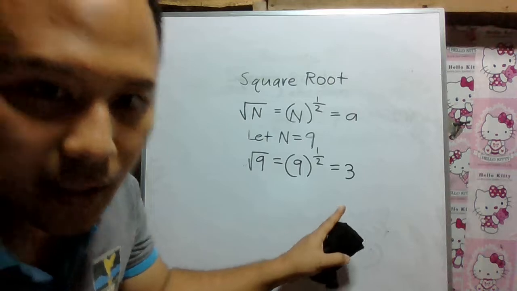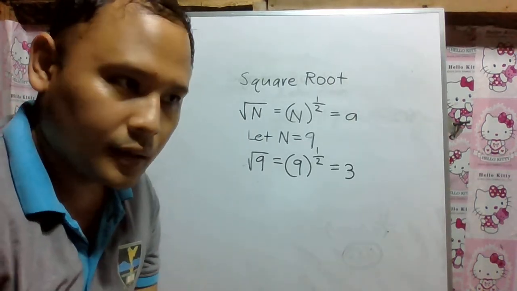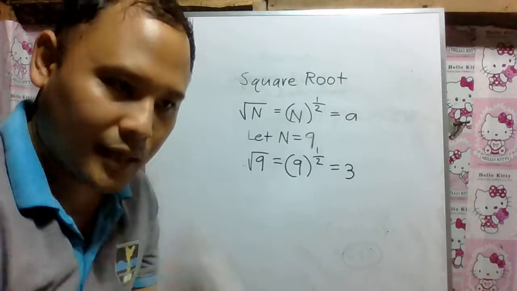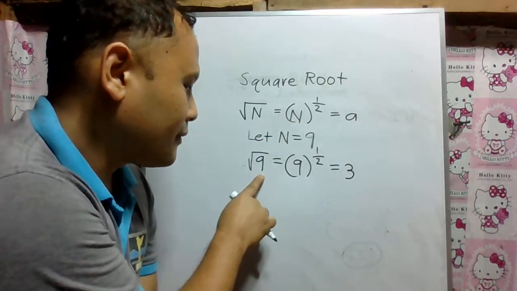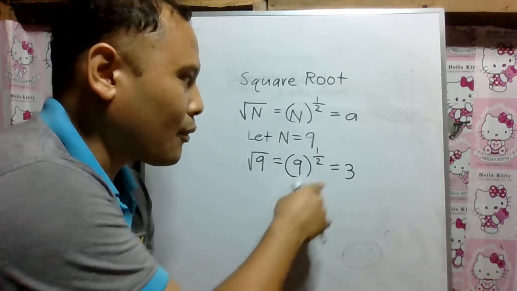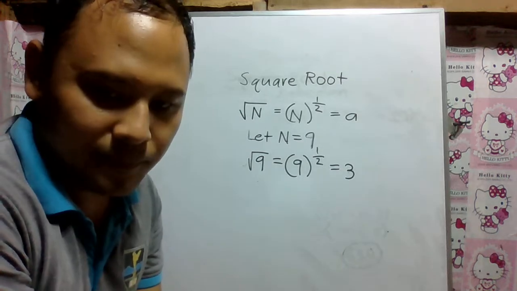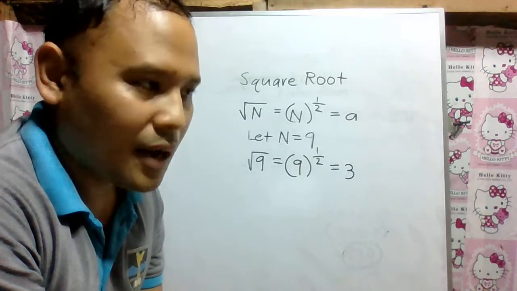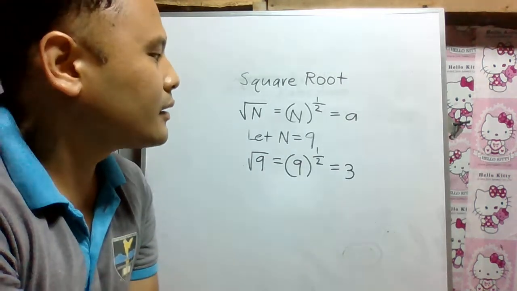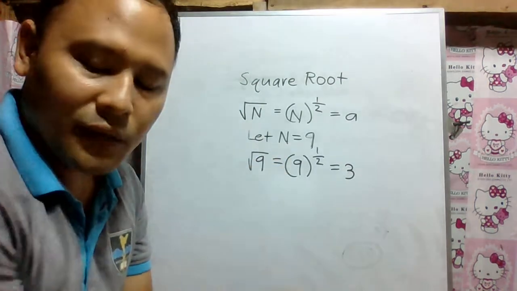Why 3 is the square root of 9? Because number 3 is a certain number that you should multiply twice by itself to get number 9, which is the value of our n. So in this example, our a here equals to 3 and our n equals to 9. Okay, that's how simple the square root is. Okay, this is one of my favorite topics.